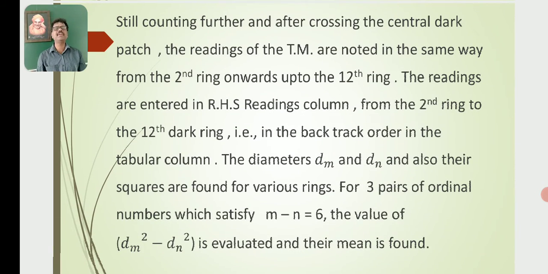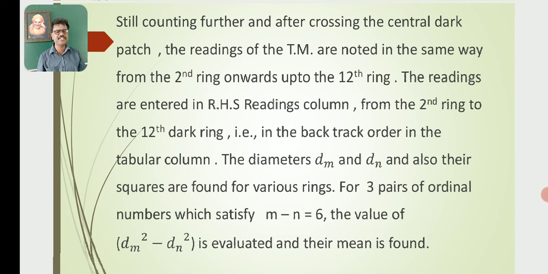Still counting further, after crossing the central dark patch, readings of the TM are noted in the same way from the second ring onwards up to the 12th ring. The readings are entered in the RHS readings column from the second ring to the 12th ring, that is in the back track order in the tabular column.